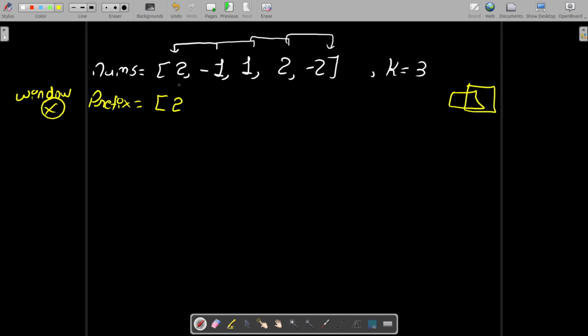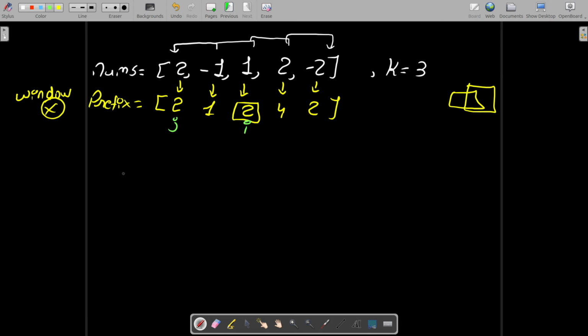Say the array is 2, 1, 2, 4, 2. If we are at the second position, our i pointer is here, and let's suppose our j pointer is here.